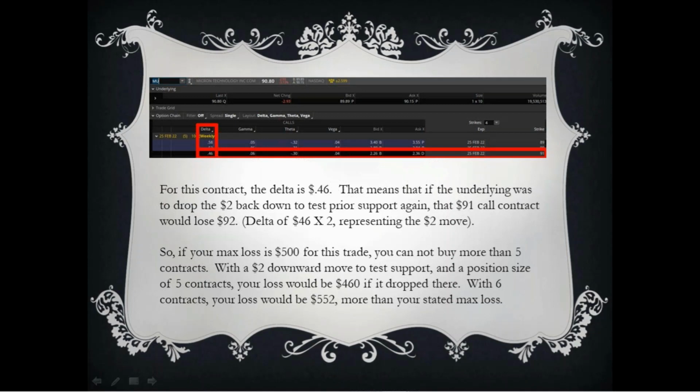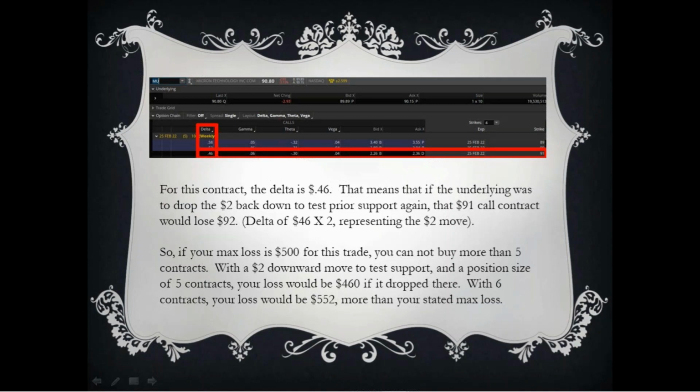So you have a little bit of a buffer there. But if you bought 6 contracts, if it drops down to that support level, your loss is 552, and your max loss you're stating is 500. So you can't risk it moving 552 if your max loss is 500. So you have to take a 5 contract position size here.